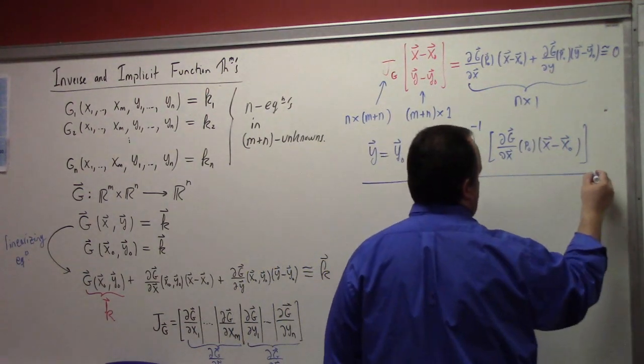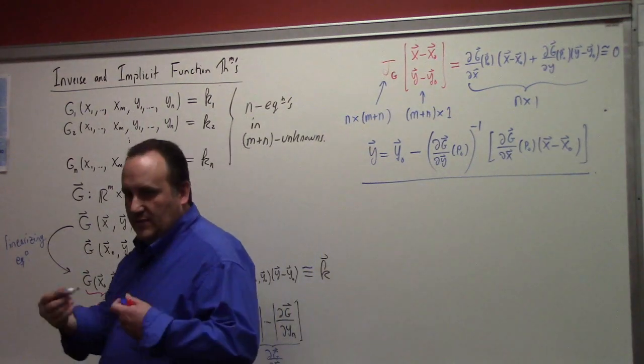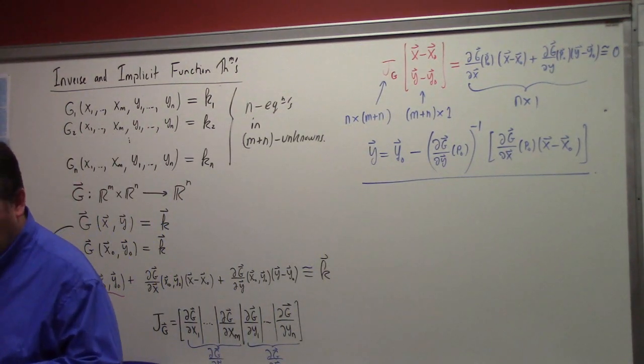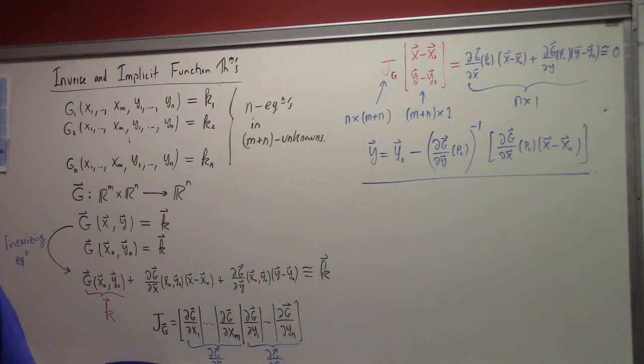So there you go. That's the first approximation to implicitly writing y as a function of the x's.